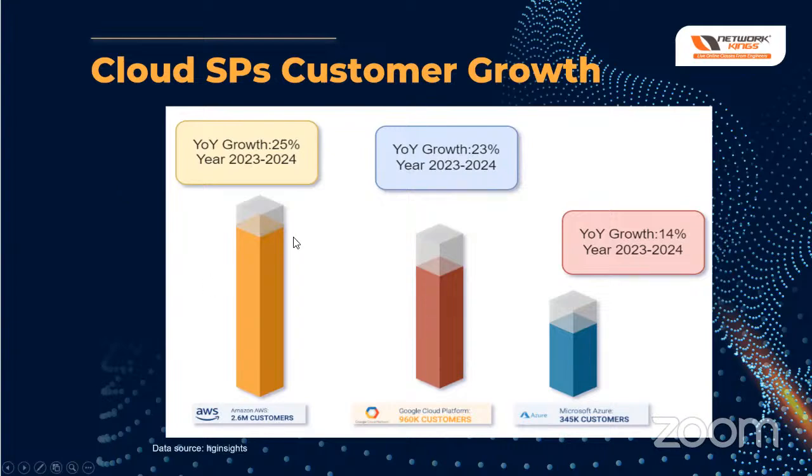I found that if we compare the last year growth, 2023 to 24, customer growth of the cloud providers, you will see that AWS has grown 25% in terms of customer growth, and GCP has grown 23%, and it has surpassed Azure also, which grew only 14%. So this is really interesting to see that GCP is expanding its network very quickly, and learning GCP will definitely help us in the near future. In coming days, you will see most of the jobs related to GCP as well.